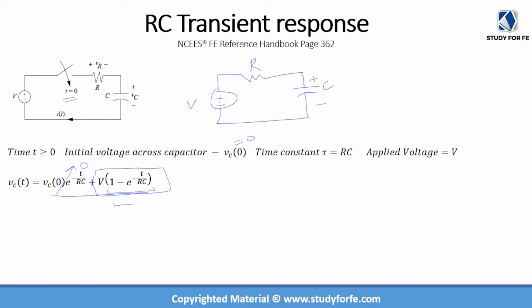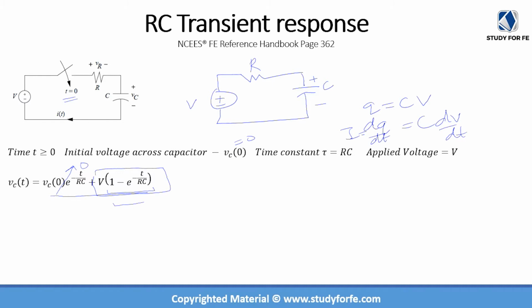We can derive this equation very easily because we know that Q is equal to CV, and dQ by dt, which is basically current, the rate of change of charge with respect to time, will become C times dV divided by dt. It becomes a differential equation, and we can solve that differential equation.